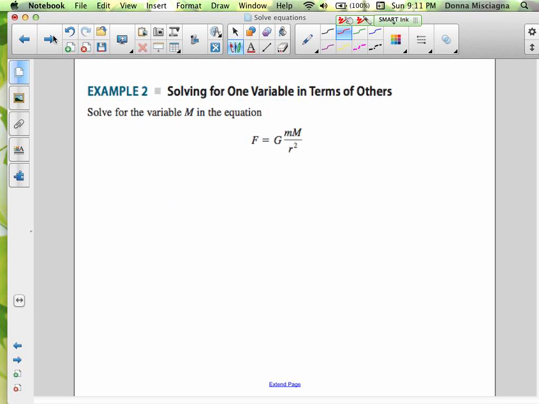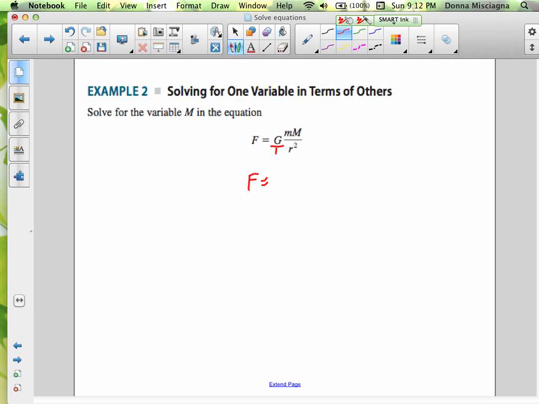So in other words, we want to get rid of the G, the m, and the r squared. I'm going to write that a little friendlier. F equals G times the lowercase m times the uppercase M, all divided by r squared. Technically that G is in the numerator.